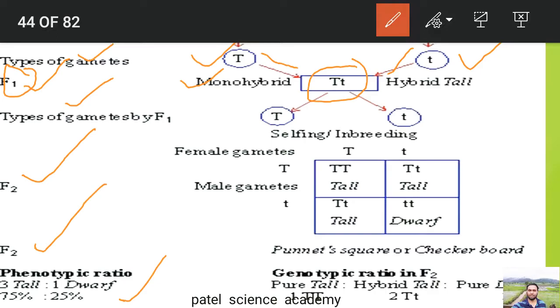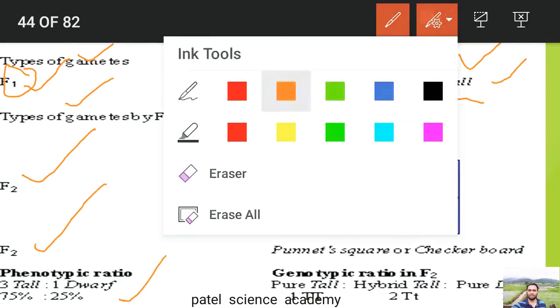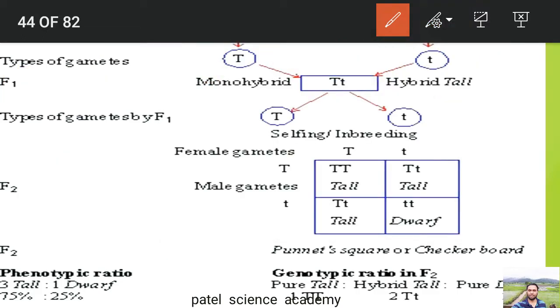If there is a three-character comparison, that cross will be called trihybrid, likewise. So with this capital T and small t, what will be the phenotype? It will be tall, because of this capital T, as I have explained in the law of dominance.